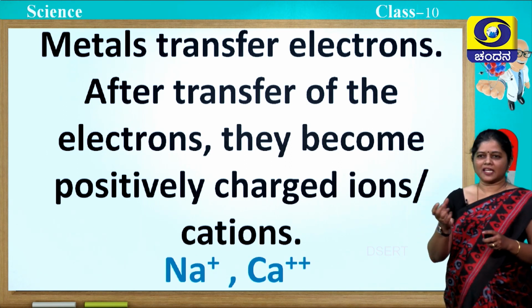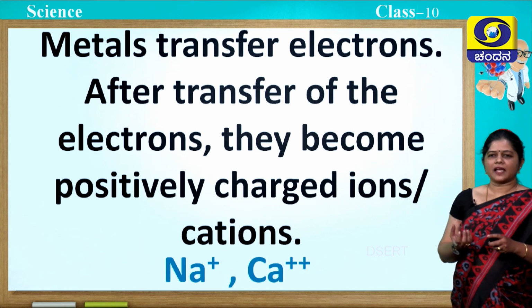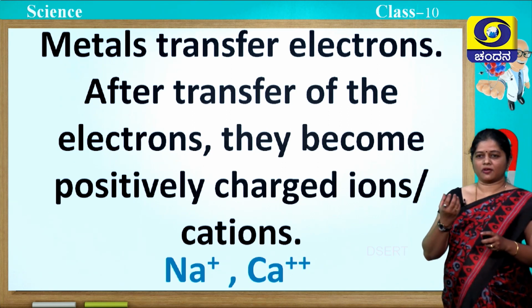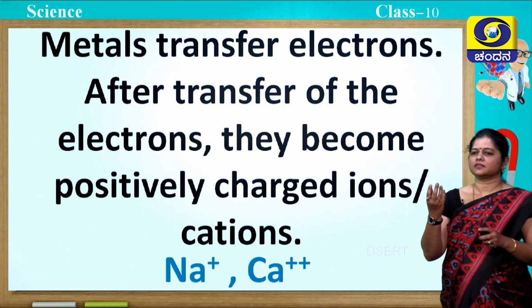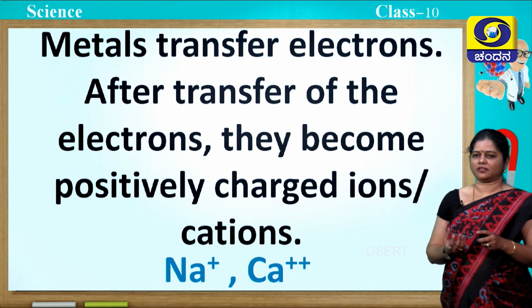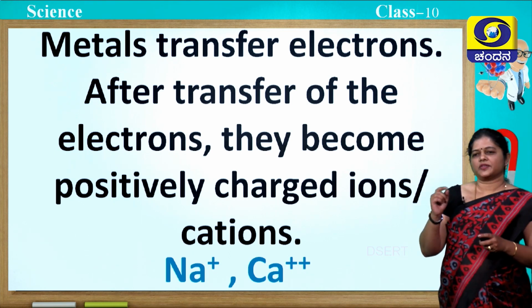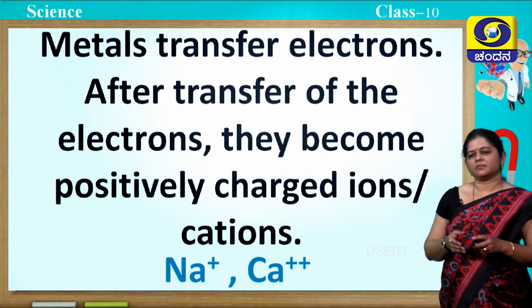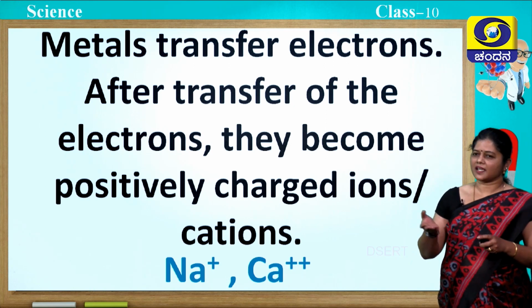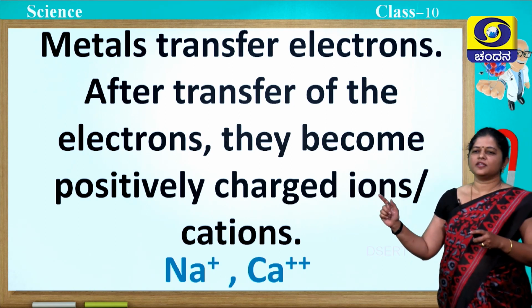When it gains a positive charge, that metal atom becomes an ion, especially a cation. You can see examples: sodium and calcium. These are cations, Na+, Ca2+.